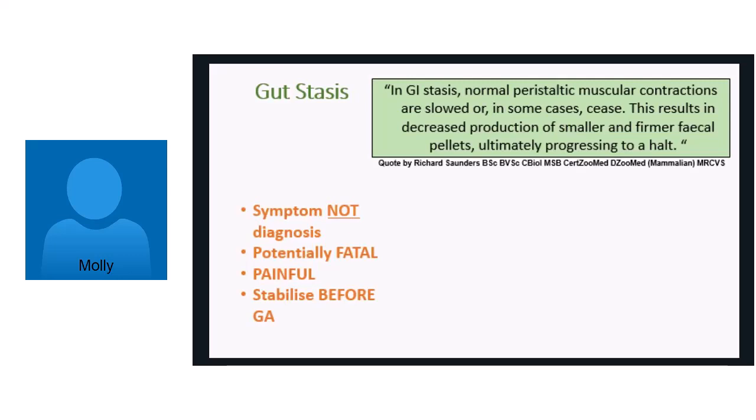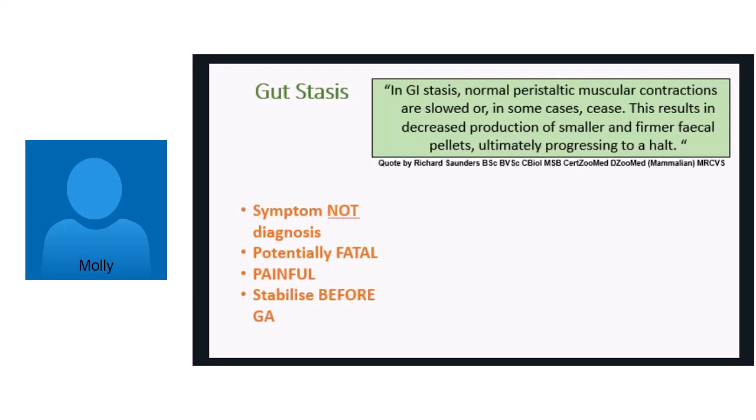Now, I am again very clear to say that gut stasis is very common. We see it a lot, but it is a symptom, not a diagnosis. It is never intrinsic gut stasis. There is always a reason. Whether it is eventually relevant is another matter, but there will always be a reason for it.